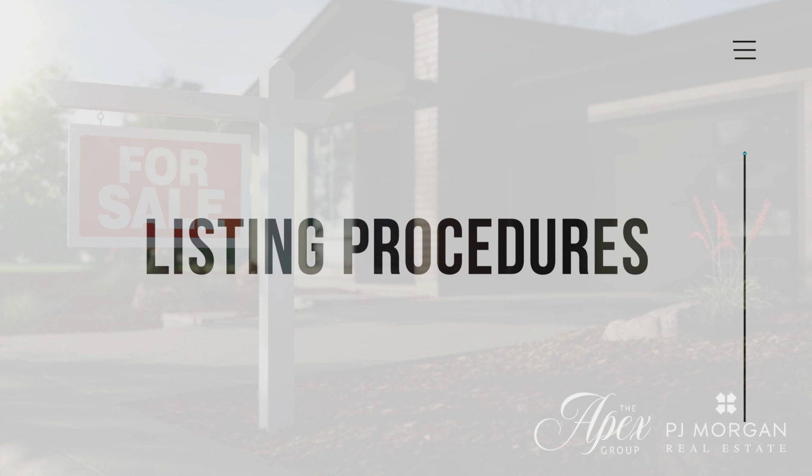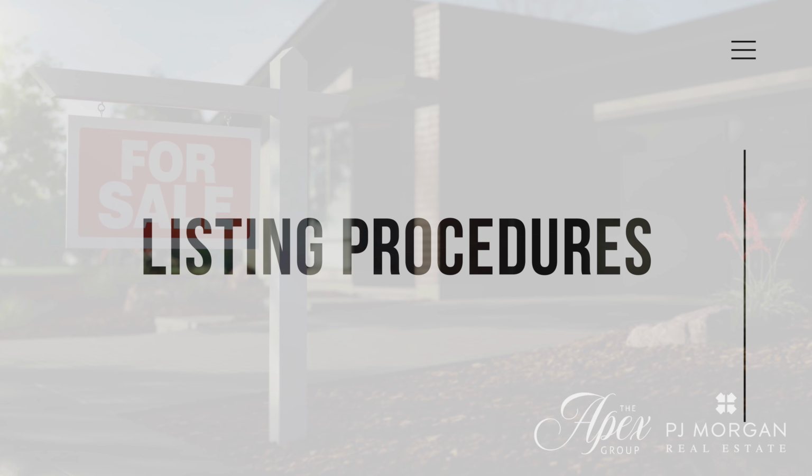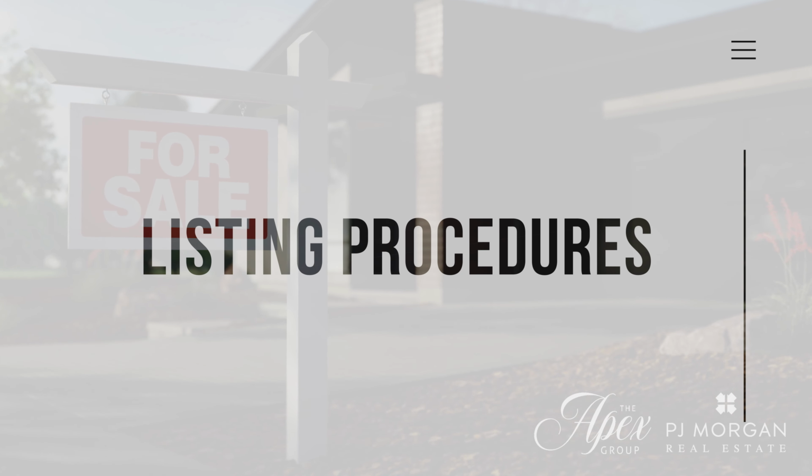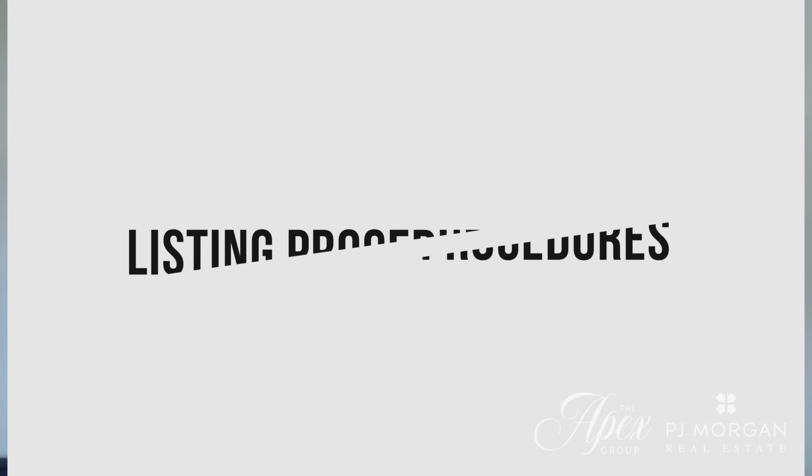Then kind of going through the listing procedure, there are different ways that you can do it. Many sellers may want to mark the house in as-is condition. What does that mean? That means that the seller is indicating that they do not want to make any repairs and they want to sell the home in as-is condition.